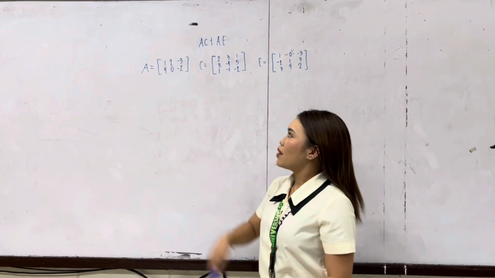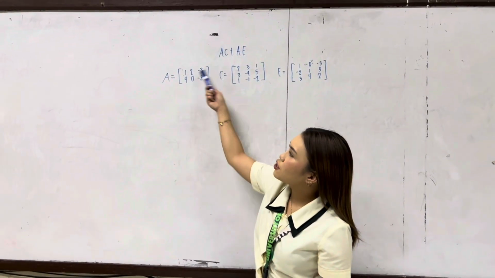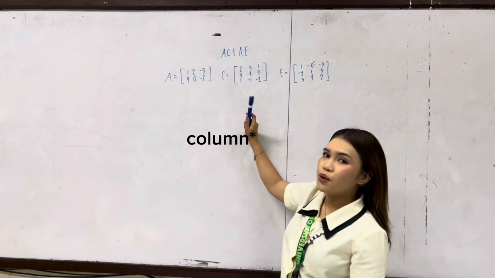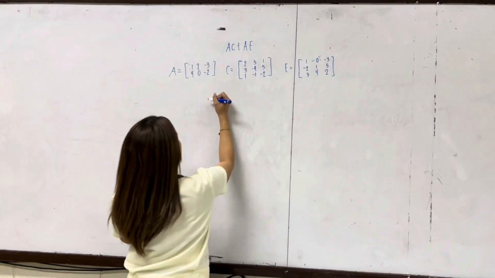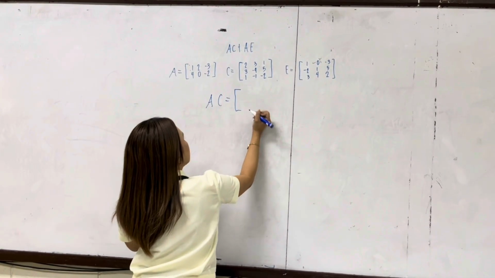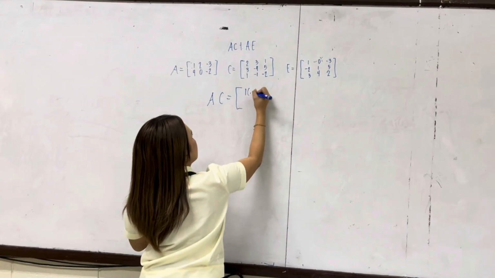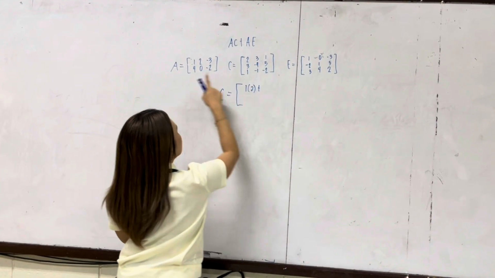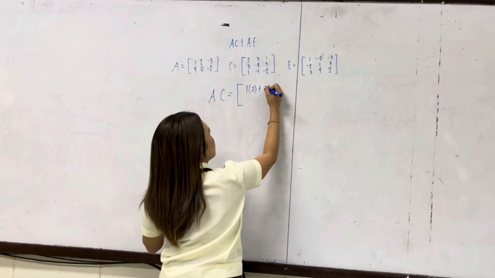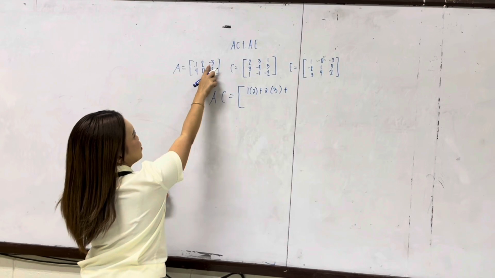Now, let's multiply A and C. First, let's multiply the first row of A to the first column of C. So AC is equal to 1 times 2 plus 2 times 3 plus negative 3 times 1.